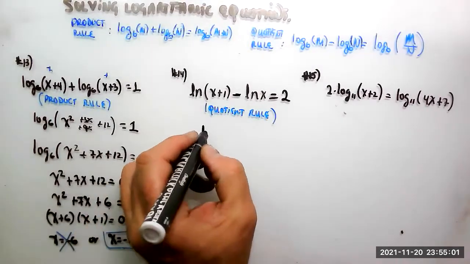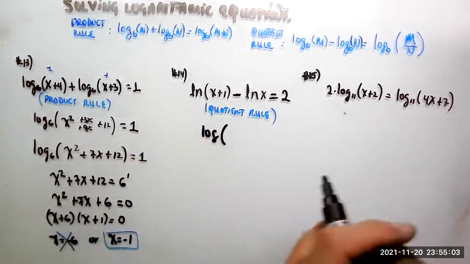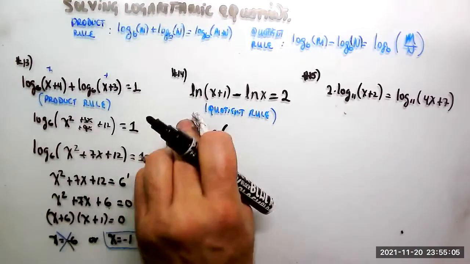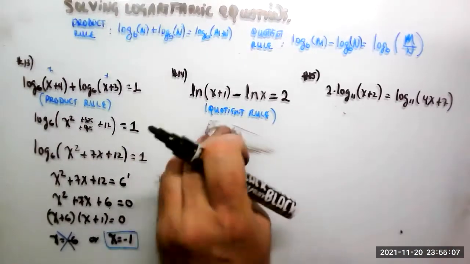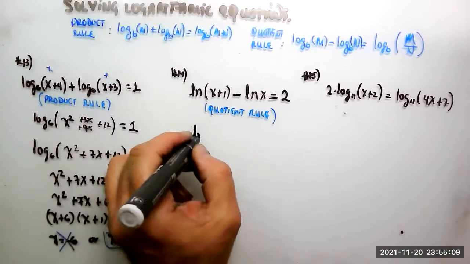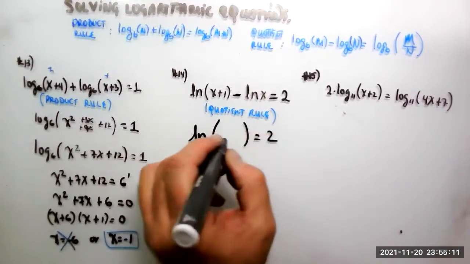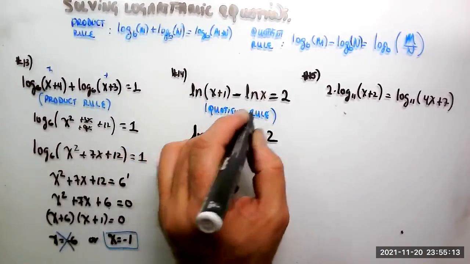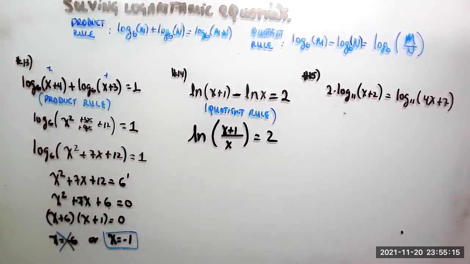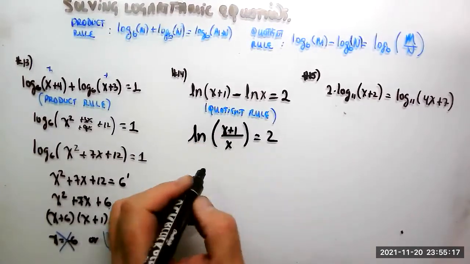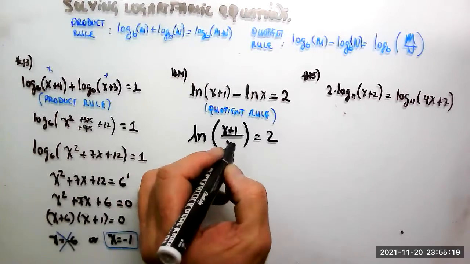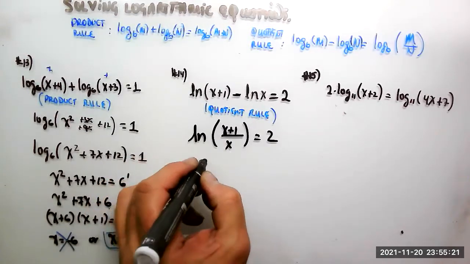We subtract, so we have ln of something equals x plus 1 over x. Back to basics: e to the 2 equals x plus 1 over x.